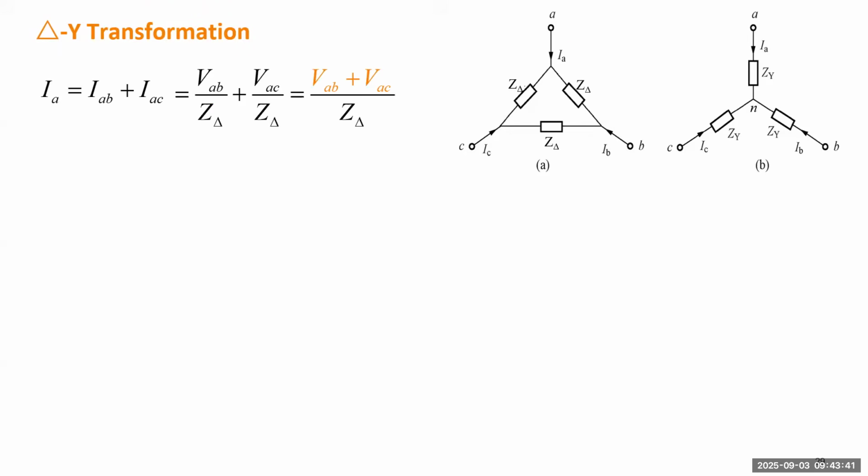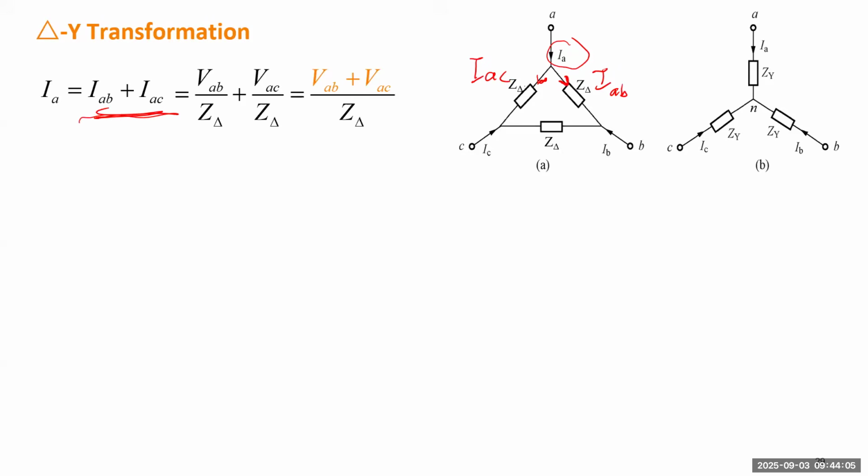So for the first load, IA, from the previous slides, we know that IA will be IAB plus IAC, because that is based on Kirchhoff's current law. IA will be equal to the current from A to C plus the current from A to B. So here's IAB, here's IAC.